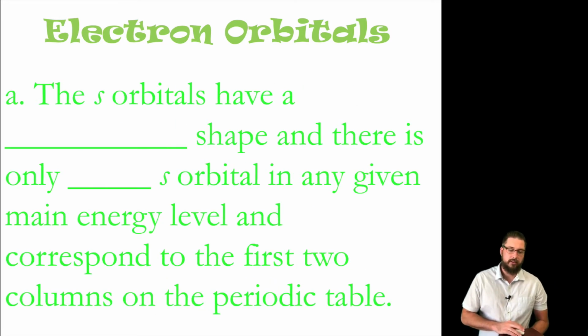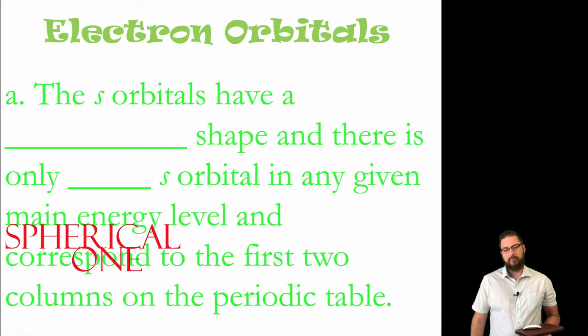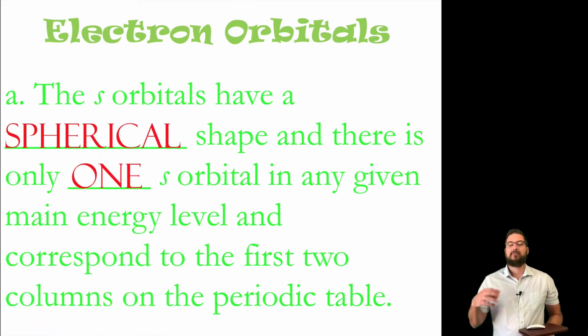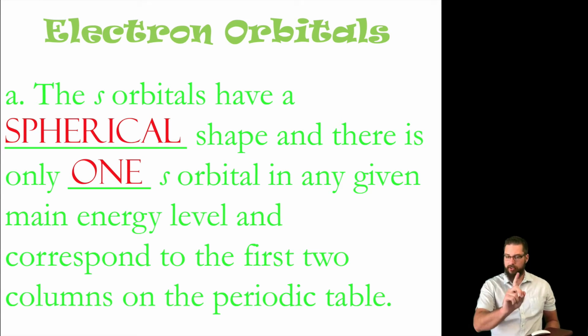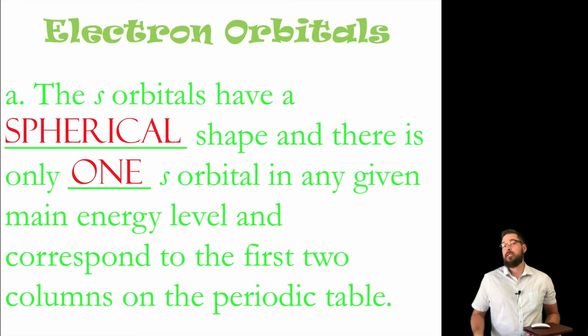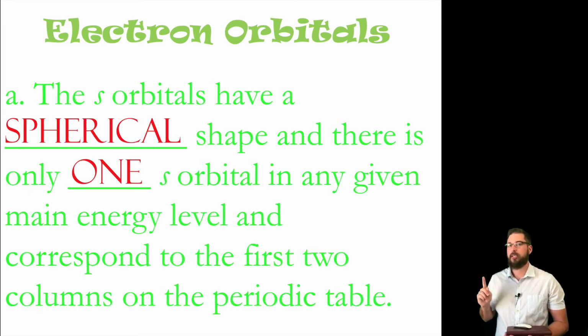And so let's go ahead and talk about the first type of orbital, which is the s orbital. The s orbitals have a spherical shape, and there is one s orbital for any given energy level. Now, remember a few slides ago, how many electrons can go into an orbital? 2 electrons can go into one orbital.